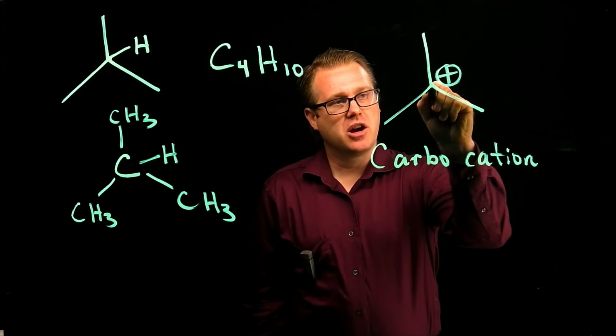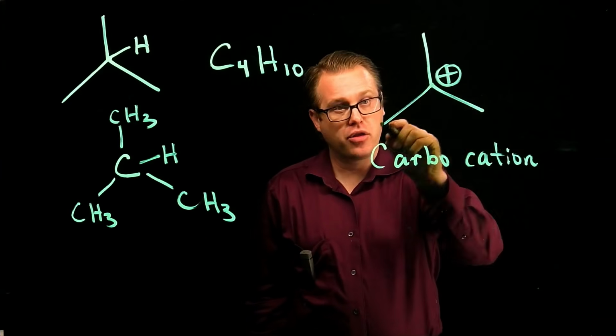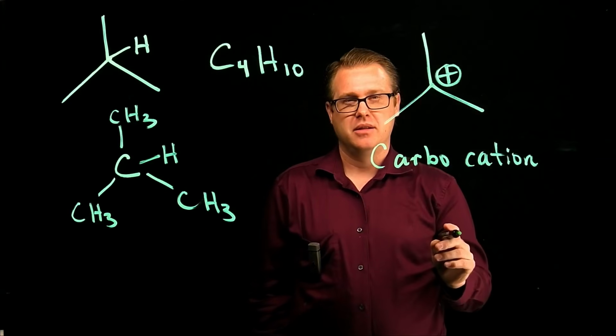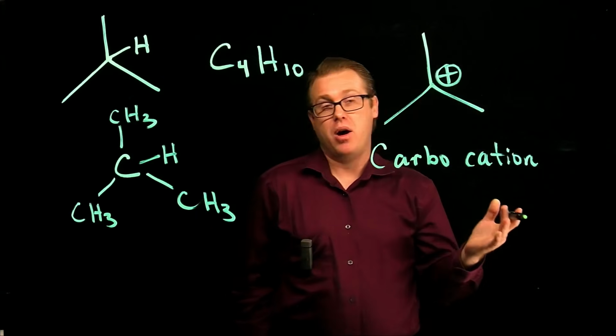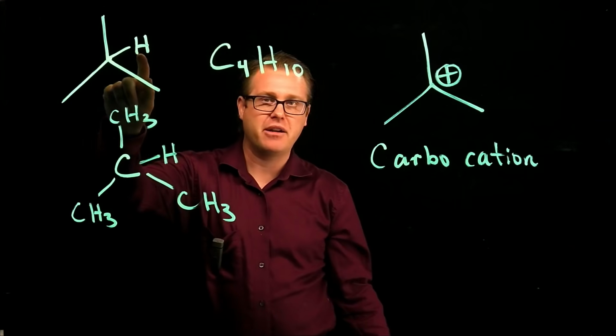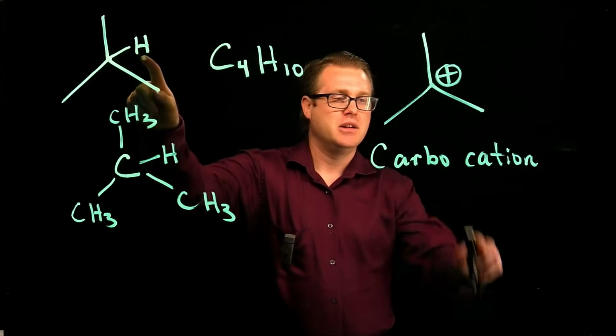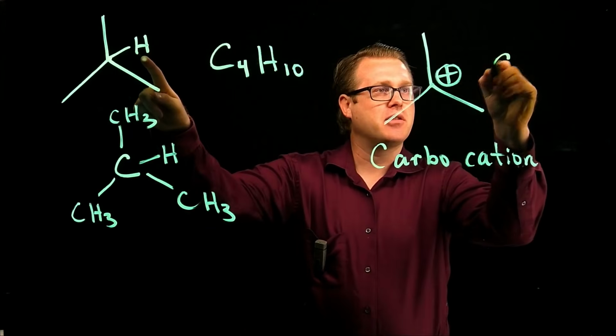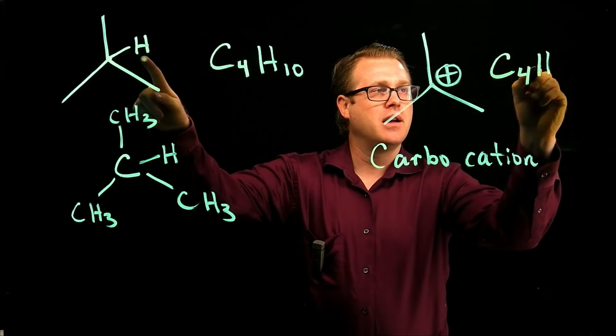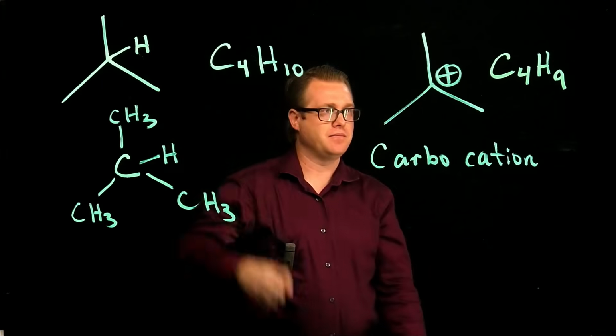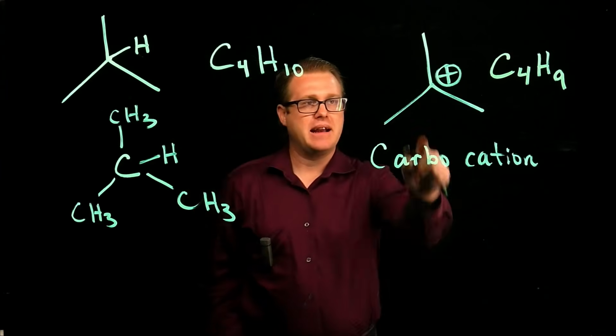And so when we look at this carbon, we see that we have 3 bonds. So what bond is missing? Well, it's going to be this hydrogen atom that's missing. So this carbocation has a chemical formula of C4H9 because it's missing that hydrogen here.